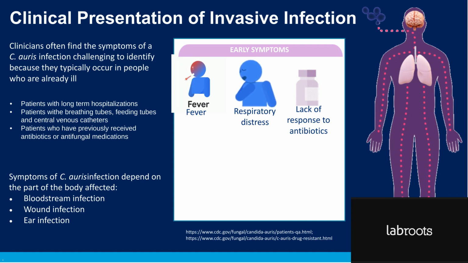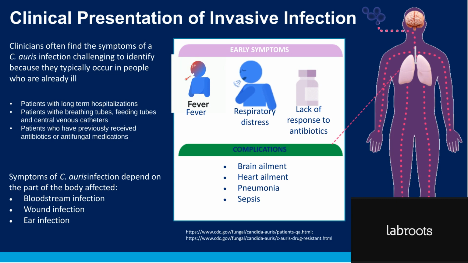It occurs in patients who have breathing tubes, feeding tubes, central venous catheters, patients who have previously received antibiotics or antifungal medications. The early symptoms can be fever, respiratory distress, and the lack of response to antibiotics. But it may vary very much with the primary site of infection.